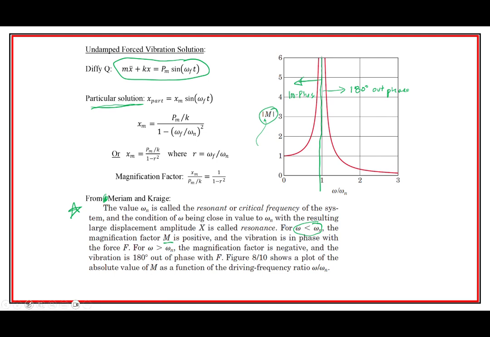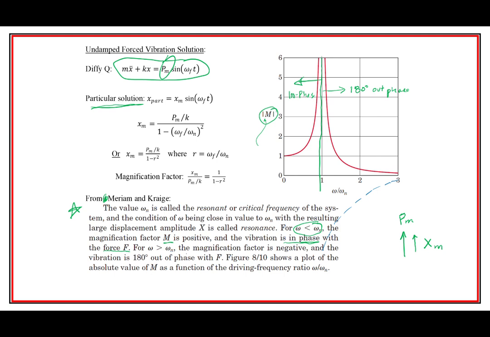You might recall from, I guess it was the Beer-Johnston book, we saw something like that, moved onto the right-hand side because it was negative. But I digressed. The vibration is in phase with the force, right? So that means as your force is going up, the resulting xm because of this force, well, let's say Pm because that's how I wrote it up here, is coming up this way. That's over on that side.